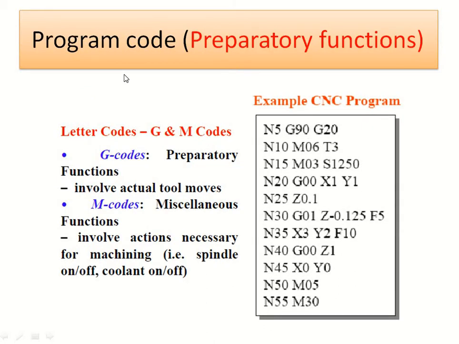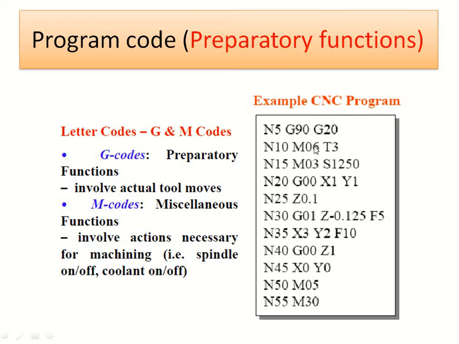Similarly, the program code for the preparatory function uses the letters G and M. The G code is the preparatory function and involves the actual tool moves, and the M code is a miscellaneous function that involves actions necessary for machining, such as spindle on/off and coolant on/off, as shown in this CNC program.